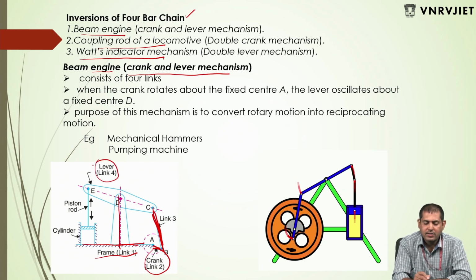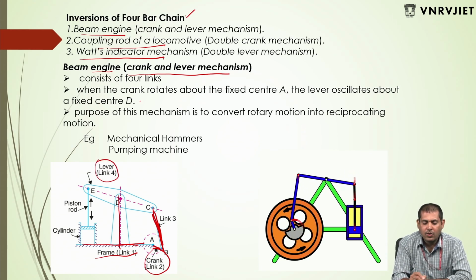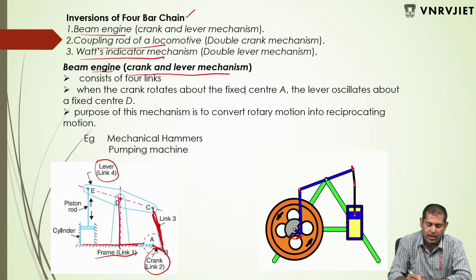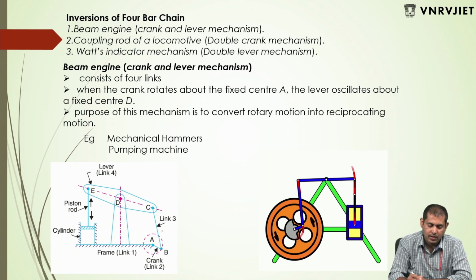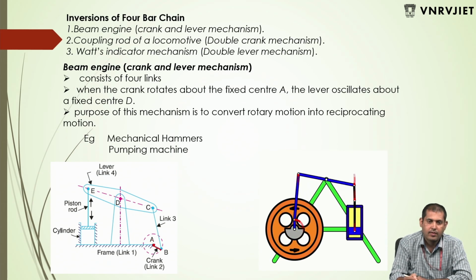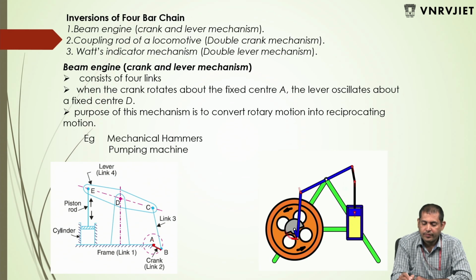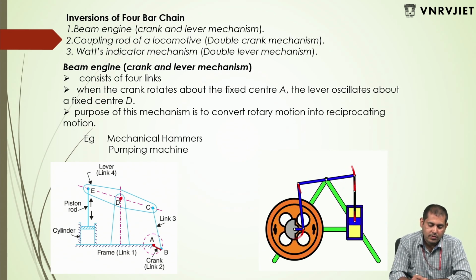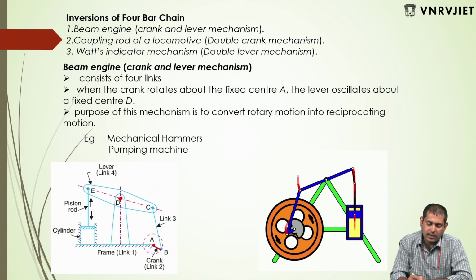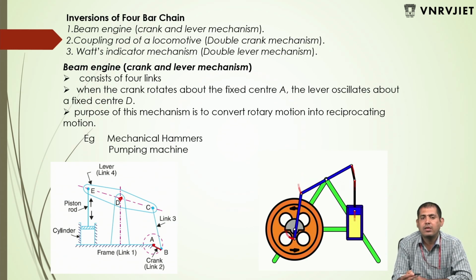Here it consists of 4 links. When the crank rotates about the fixed center A, the lever oscillates about the fixed center D. Here the frame and the lever pivot are fixed, so more than one link is fixed.